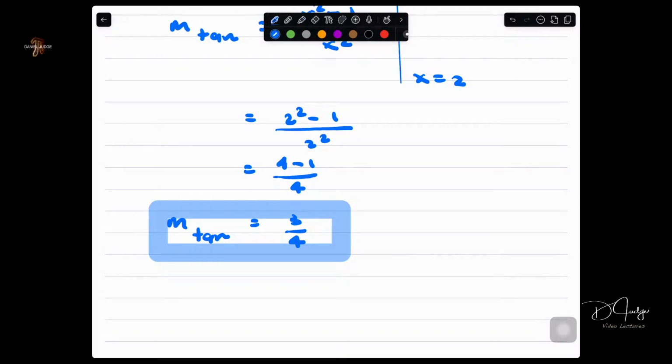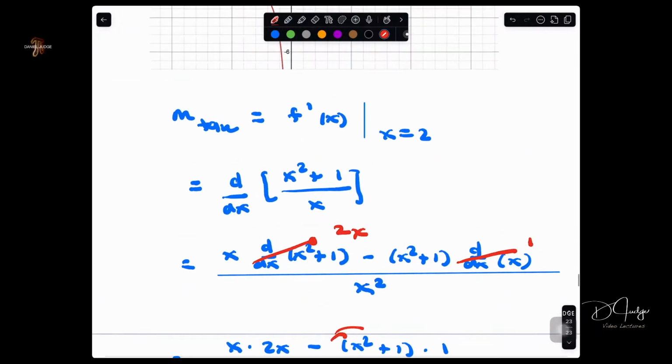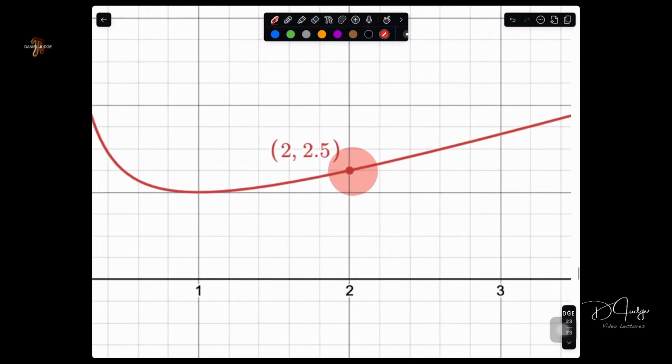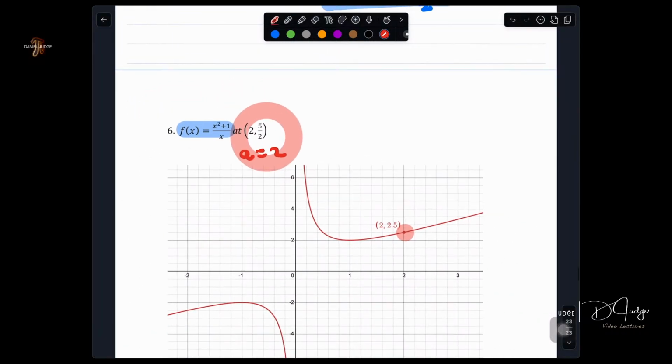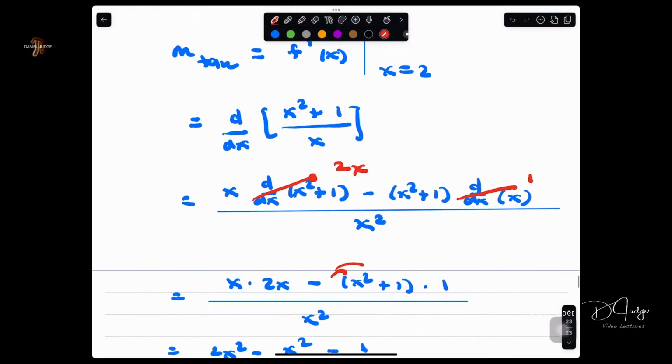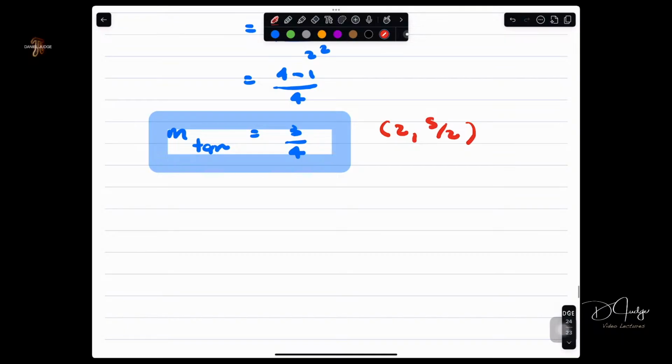Now, the equation of the line tangent to the curve at the value, remember the point they gave us here was 2, 5 halves, which is 2.5. This is the location on the curve and written in the problem here. So let's do the algebra. So we get y minus y1 is m times x minus x1.